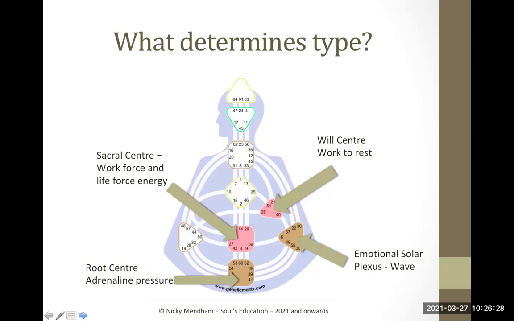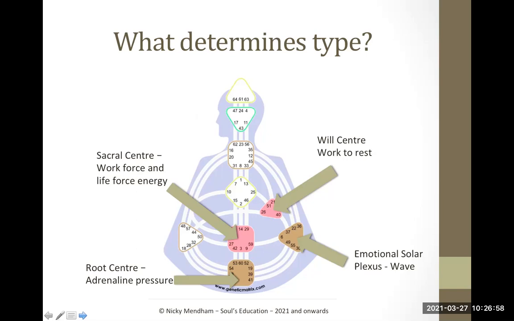Where people start to fall down in their emotional and physical states is when burnout occurs, and that's generally because we're pushed for deadlines, we're pushed for having to manage multiple things, when actually the energy isn't always there for us to be managing and pushing all the time. And when we push against that, it can create problems for us. We've also got the will center, which is a work to rest center.